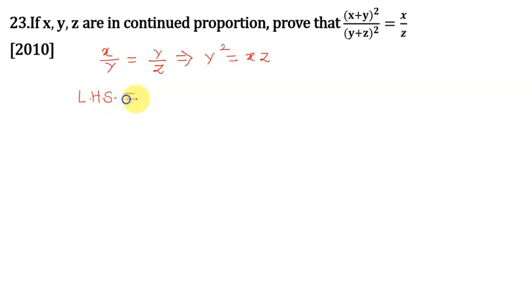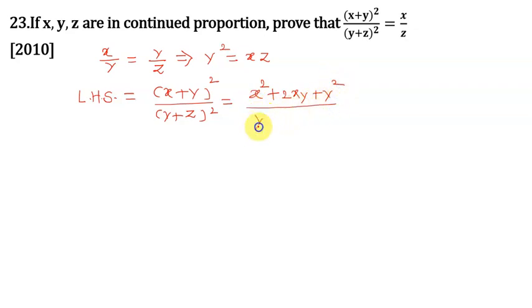Okay. Now consider LHS. This LHS is equal to (x plus y) whole square upon (y plus z) whole square. Now expand this, then you will get x square plus 2xy plus y square, and this whole divided by y square plus 2yz plus z square.